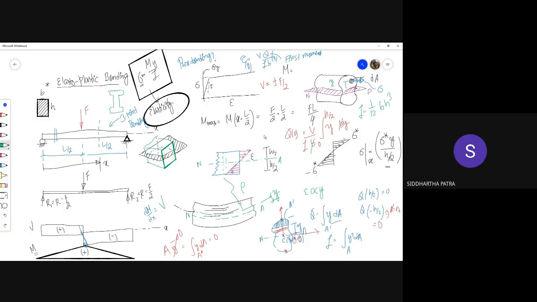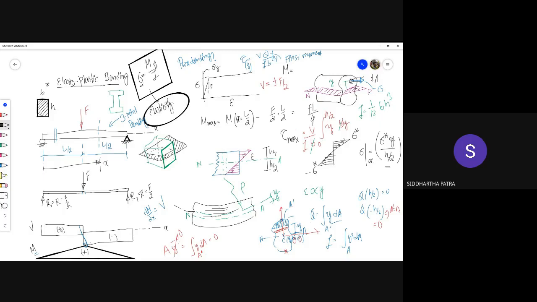Okay, so it is not the expression for Q. It is the expression for the shear stress maximum, the maximum shear stress due to bending. Now please understand that the shear force is kind of constant.